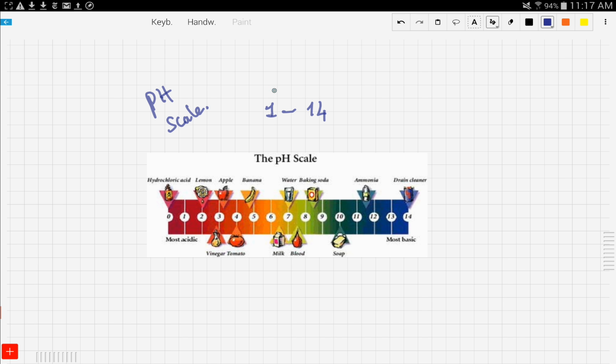Now, 1 is the extreme. A substance having a pH of 1 is the most acidic, and a substance having a pH of 14 is the most basic. Now, a substance can be either acidic, neutral, or basic.